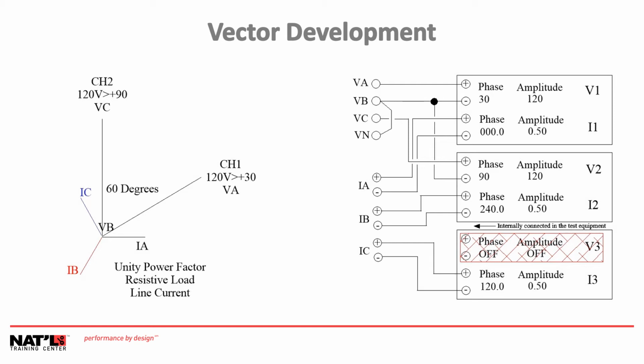To the left of the test equipment here, we basically see some terminals, VA, VB, VC, VN, IA, IB, and IC. These are simulating what you would see on a protective relay or a meter that you'd be connecting the test equipment to. And as we said before, what you're going to see here is the same thing on the previous slide.